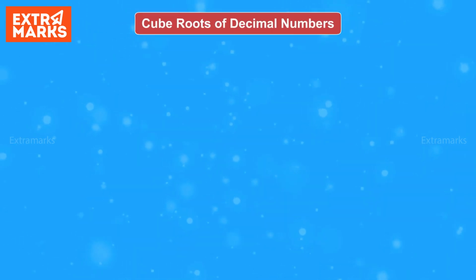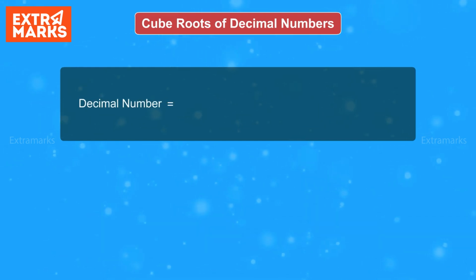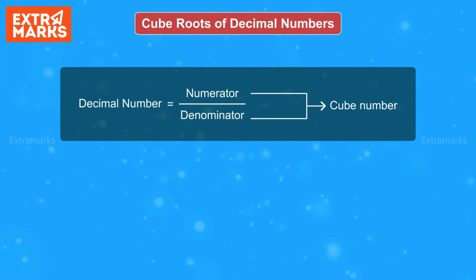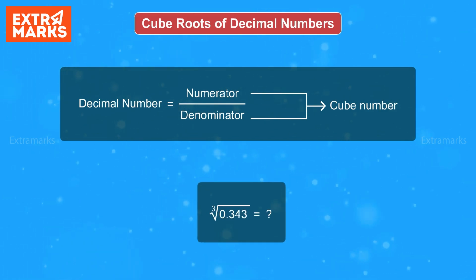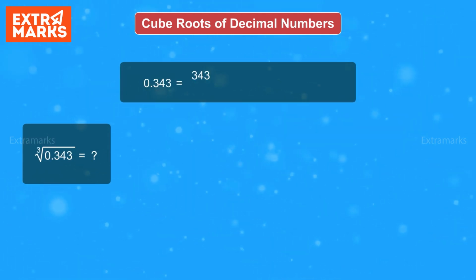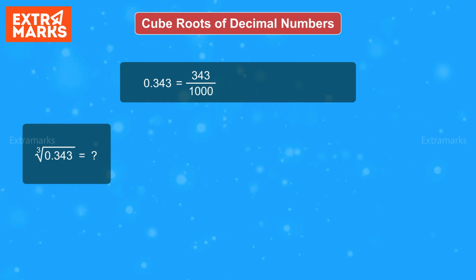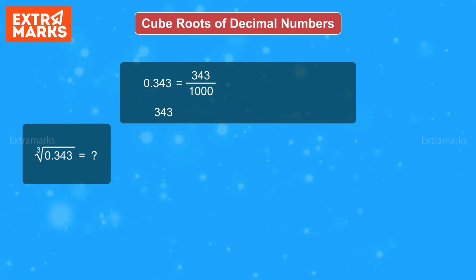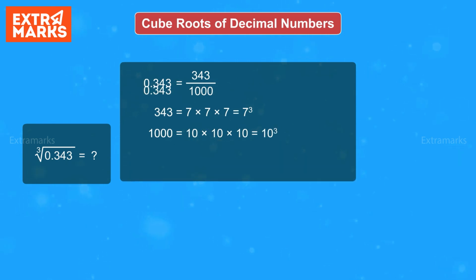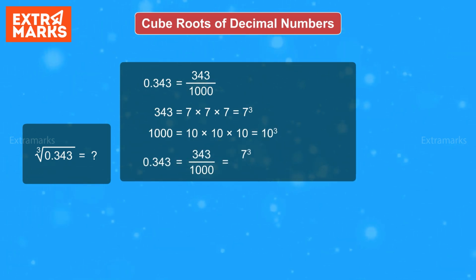Now, we can find the cube root of a decimal number reducible to a rational number with numerator and denominator as cube numbers. Suppose we have to find the cube root of a number 0.343. We can write 0.343 as 343 upon 1000. Since 343 is the cube of 7 and 1000 is the cube of 10, 343 upon 1000 is equal to 7 cubed upon 10 cubed.